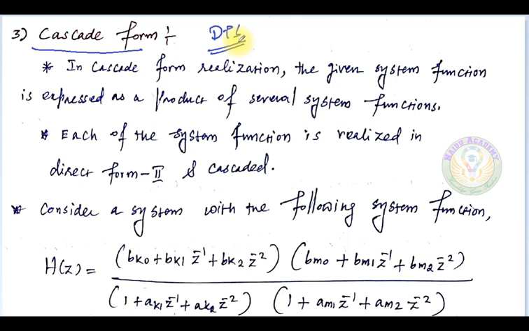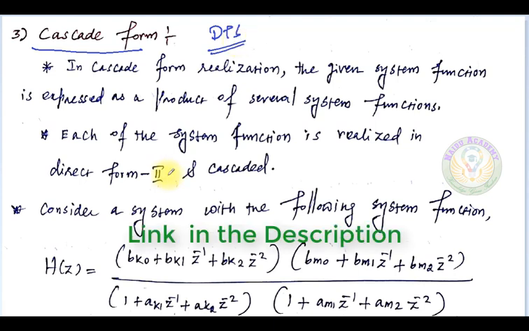Before we continue this video, please go through the two videos I have already uploaded related to block diagram representation: direct form 1 and direct form 2. They show how we can realize a given difference equation or system function using direct form 1 and direct form 2.